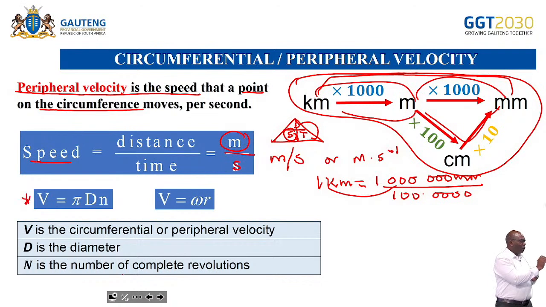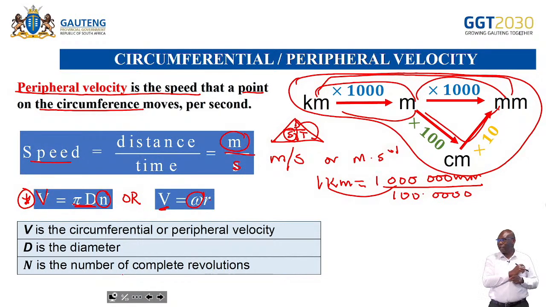Now, the formula for circumferential velocity is written as V, which is velocity, equals pi d multiplied by n, or we can use the formula V equals omega multiplied by the radius.